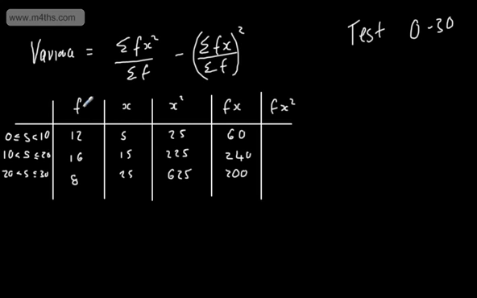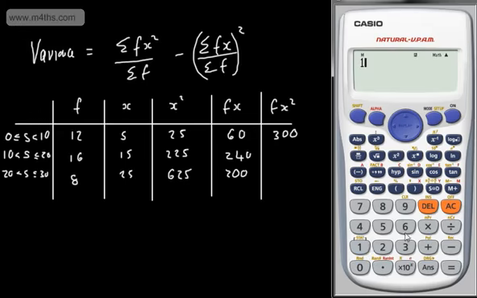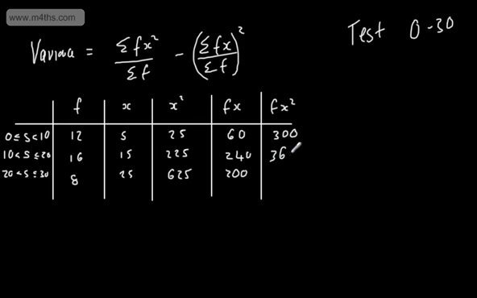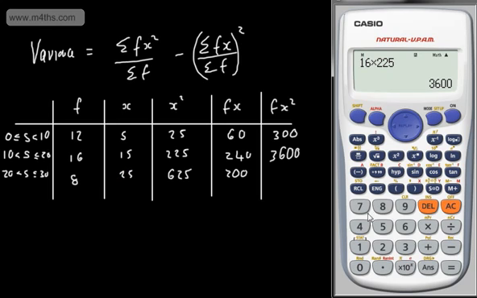So f times x squared, 12 times 25 is 300. 16 times 225, let's whack that in a calculator. 16 times 225 is 3,600, let's put that in there. And then finally, 8 times 625, a bit lazy, let's put that in. That's going to be 5,000, isn't it? Let's just check that. 8 times 625, 5,000.